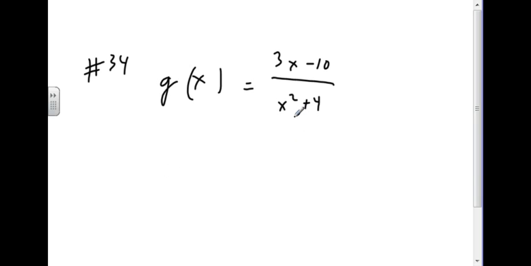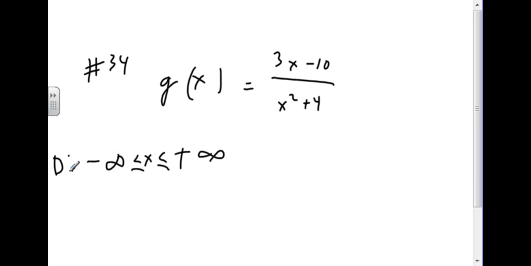So my domain appears to be minus infinity less than x less than plus infinity. And we can go less than or equal to if we wanted to. Being equal to infinity doesn't do much for me, but we could always say that. So there's nothing wrong with any x.